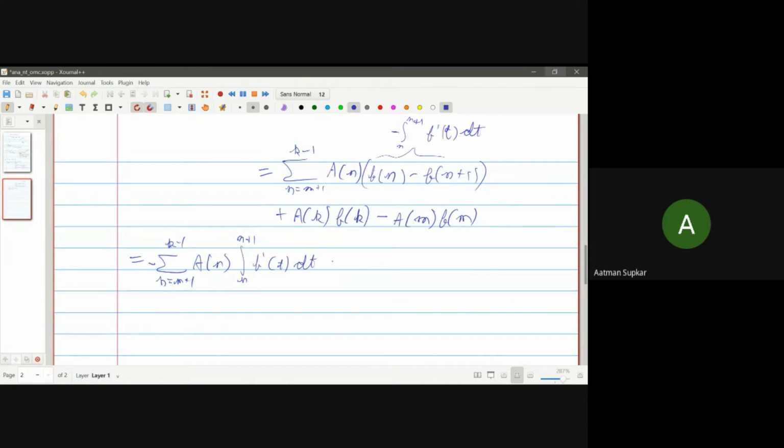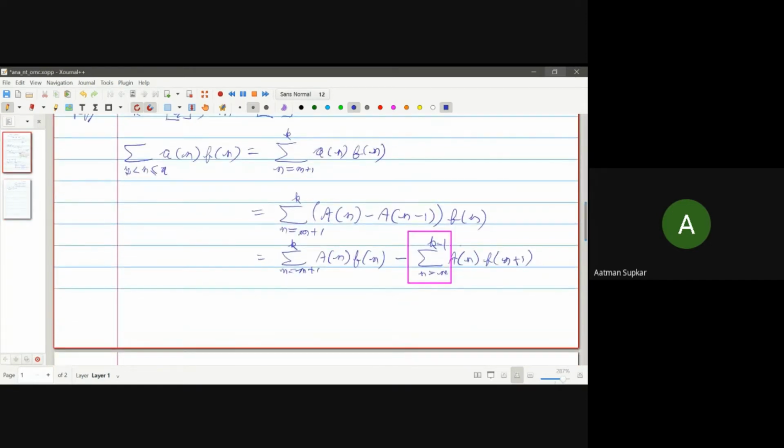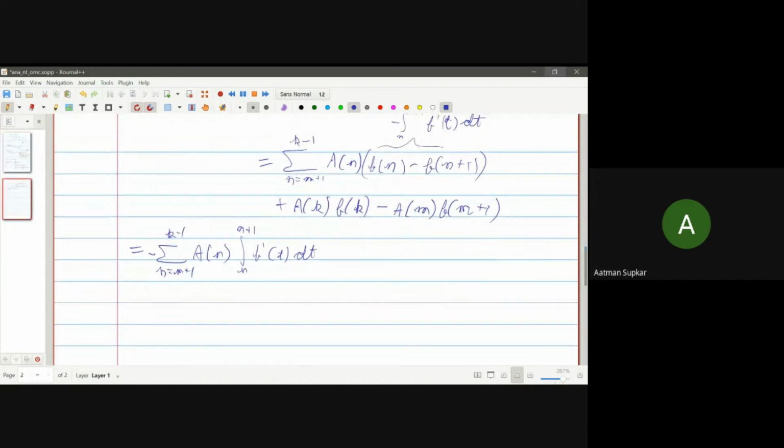Oh, nobody corrected me. This is not f m, this is f m plus 1. This term came from here, right? So here you have an f m plus 1 dt plus... Yeah, I don't think I'm getting some.